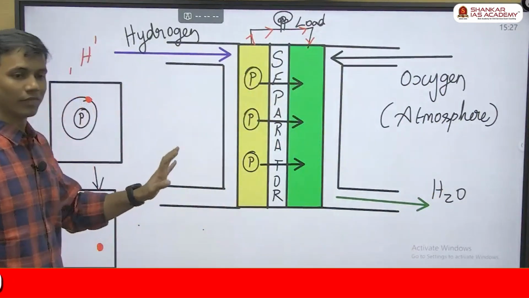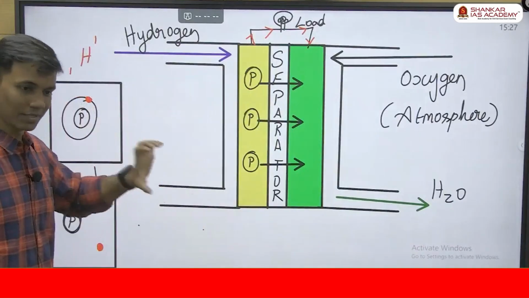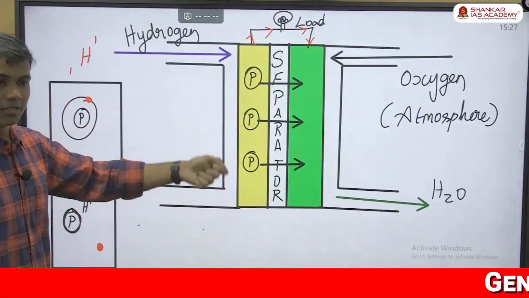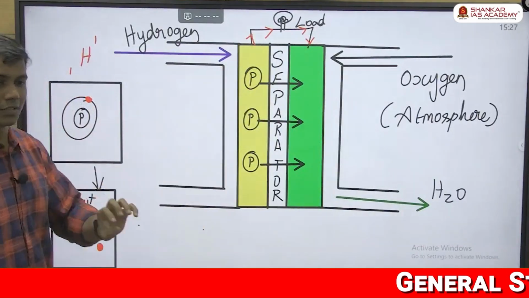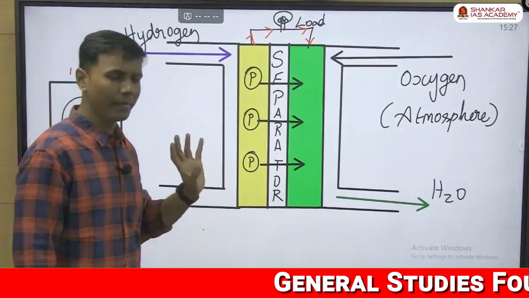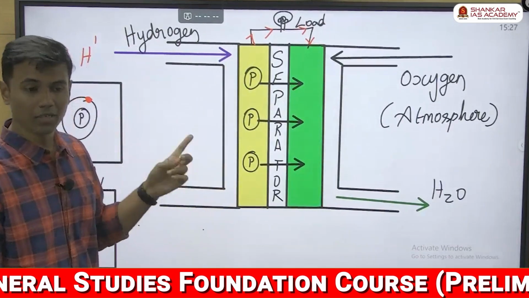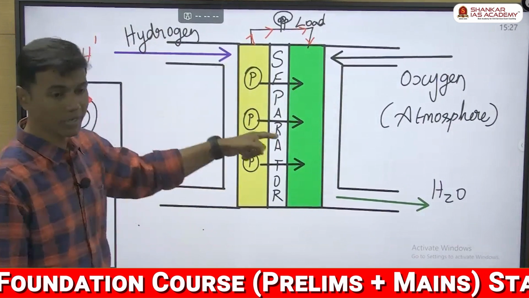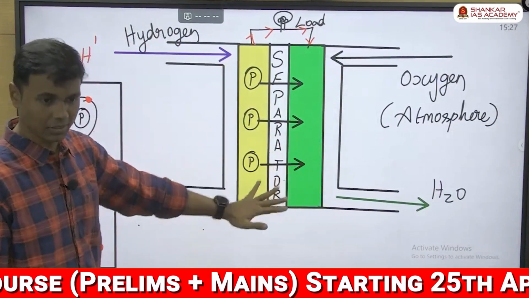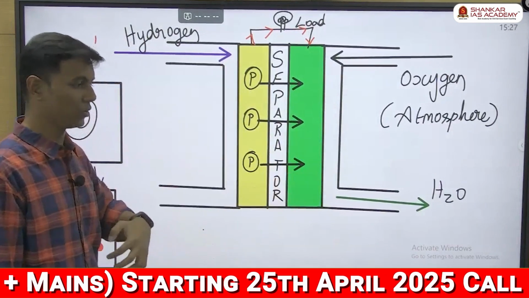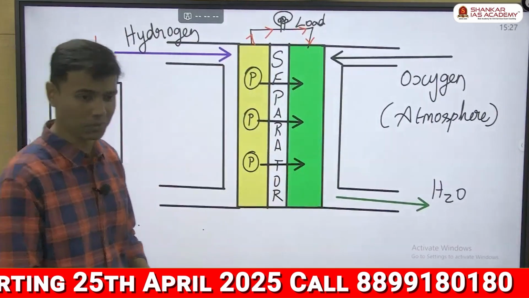The only output of this cell will be water. Imagine a cell, you're giving hydrogen, the cell produces electricity and the cell lets out small amount of water vapor or maybe small amount of water droplets. This is called a fuel cell. The reason we call it a fuel cell is you are refueling, you are not recharging. Is it clear? This is a very sophisticated technology and a costly one also.